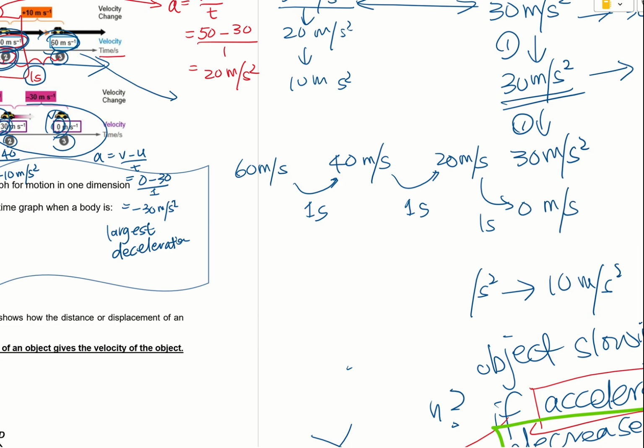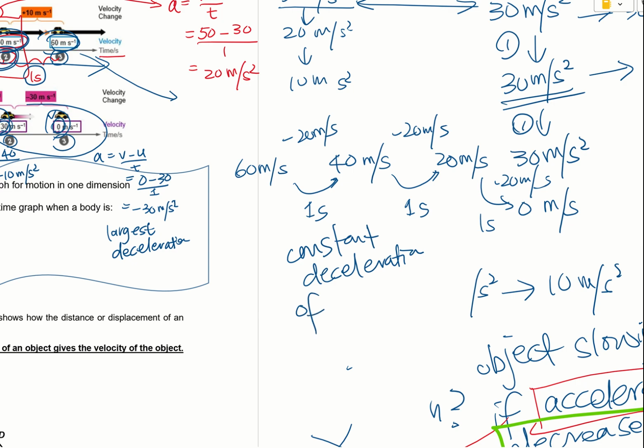So we see that it keeps dropping by 20 meter per second, 20 meter per second, and 20 meter per second. So this is constant. This example is constant deceleration of 20 meter per second square. There is no positive, there's no negative to it, because deceleration already tells me that the velocity decreases.